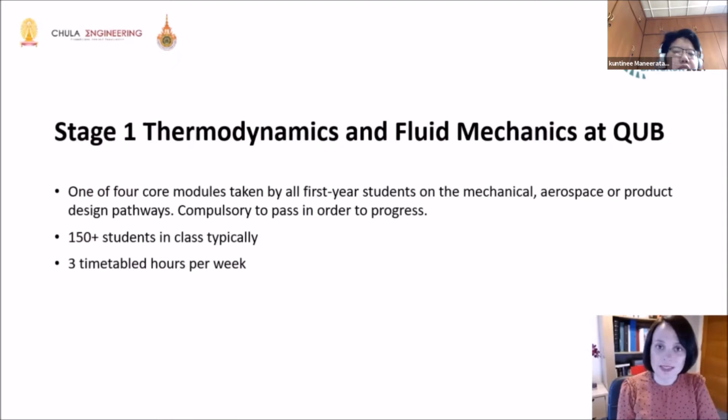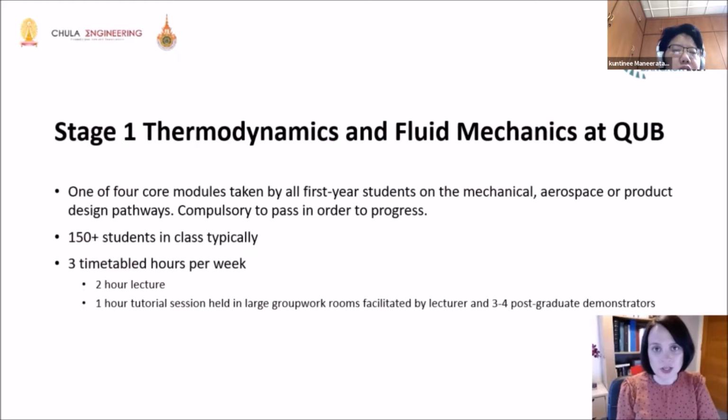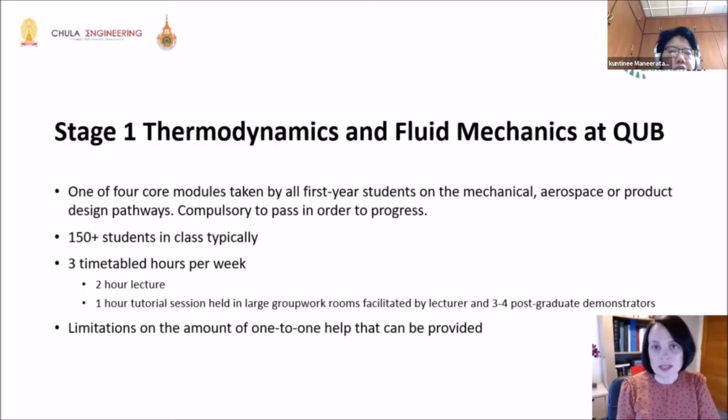They have 3 timetabled hours per week, which include a 2-hour lecture and a 1-hour tutorial. The 1-hour tutorial is generally held with the students spread across some large group workrooms, and they are attended by a lecturer and a few postgraduate demonstrators to help. As you can imagine, with this number of students, there are limitations on the amount of one-to-one help that they can receive.